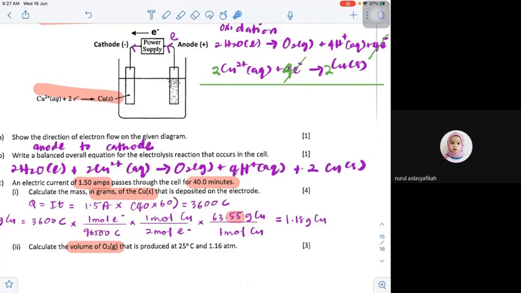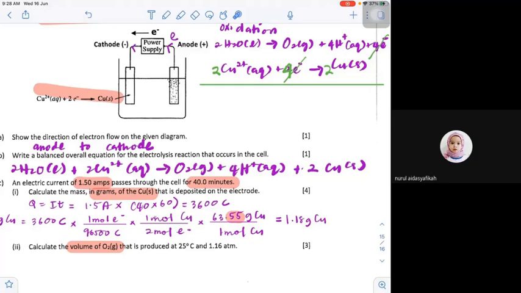And you have to know that the current, the charge that is flowing in our cell, will be the same either at the cathode or anode. So if at the cathode just now we used 3,600 coulombs of charge flowing, that is the same charge flowing at the anode.